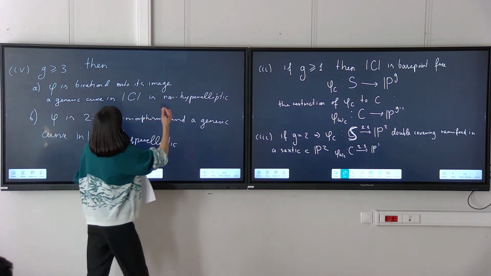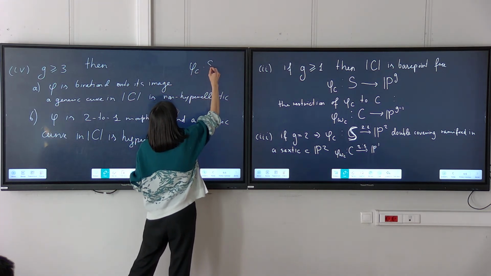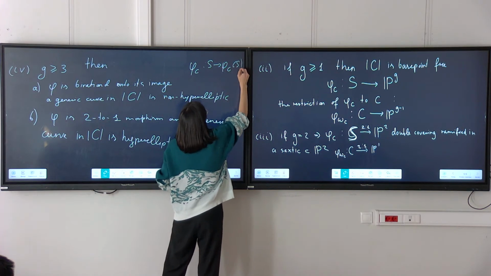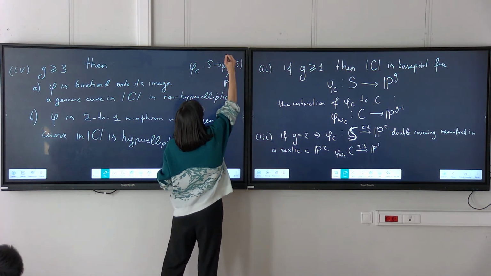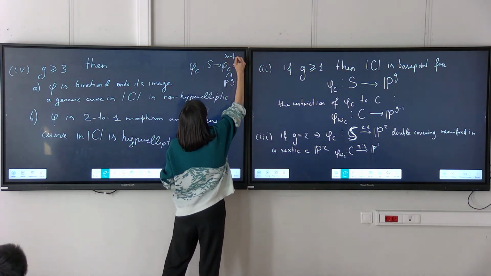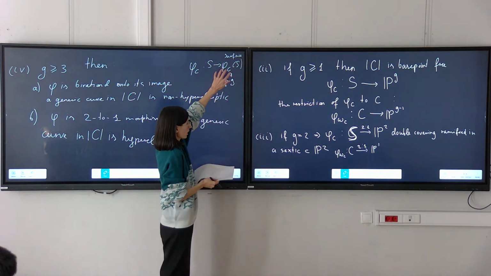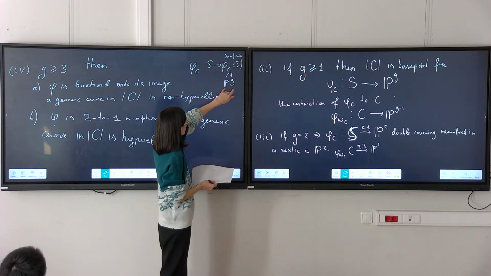So we have phi C. This is a surface inside PG. Maybe not smooth. Maybe it will have some ordinary double points.